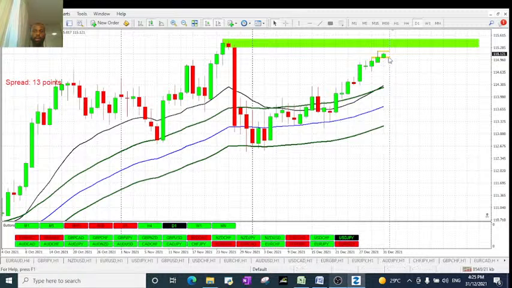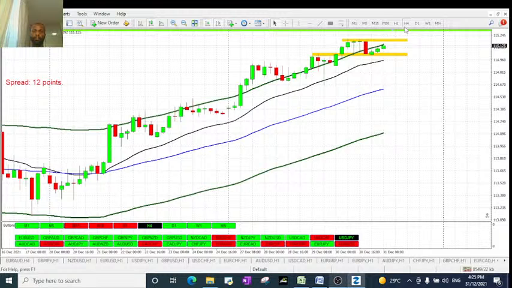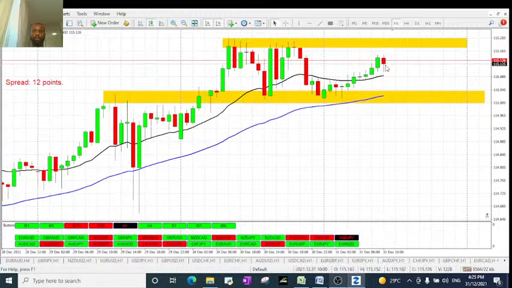We are not there yet, but my bias for this pair is bullish up until here, up until the green zone. But still haven't gotten a setup that I can take. So even though my bias is to buy, we still have to wait for a setup.